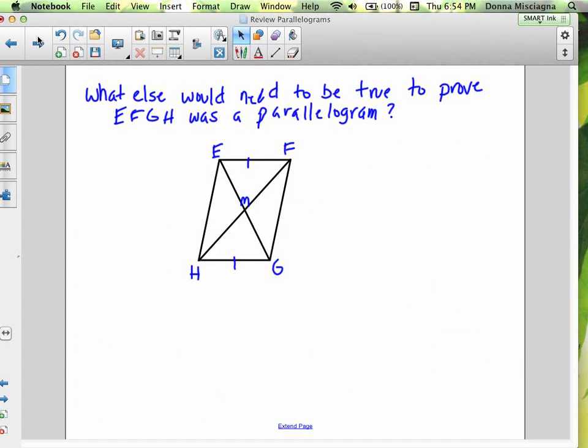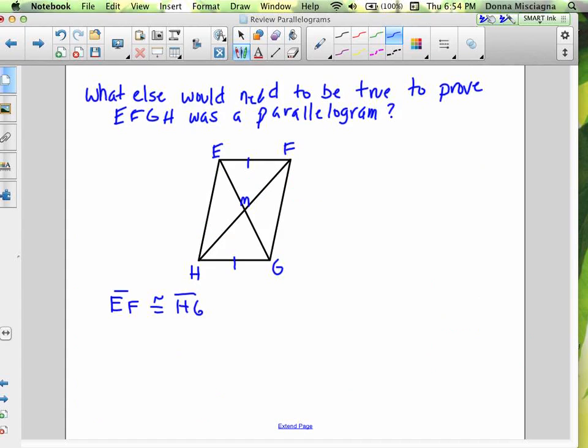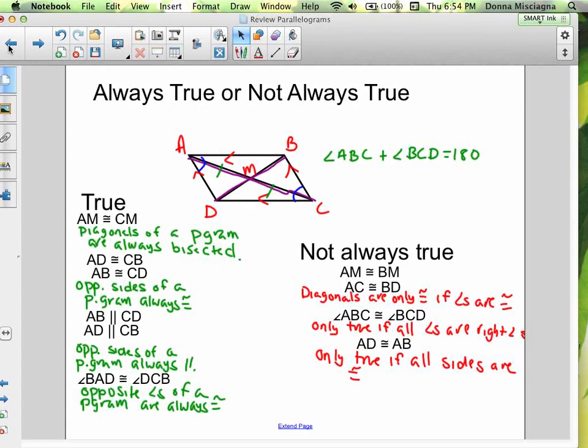What else would need to be true to prove EFG was a parallelogram? Well, I noticed from our diagram that EF is congruent to HG. Right? And that's not quite enough. If you remember over here about our things that are always true for a parallelogram, we had a pair of sides congruent. We know that opposite sides of a parallelogram are always congruent.